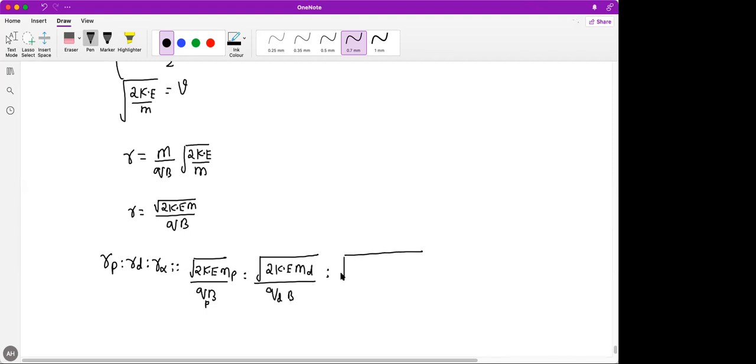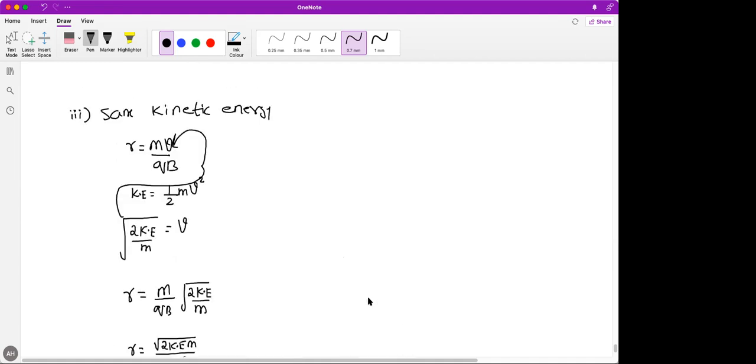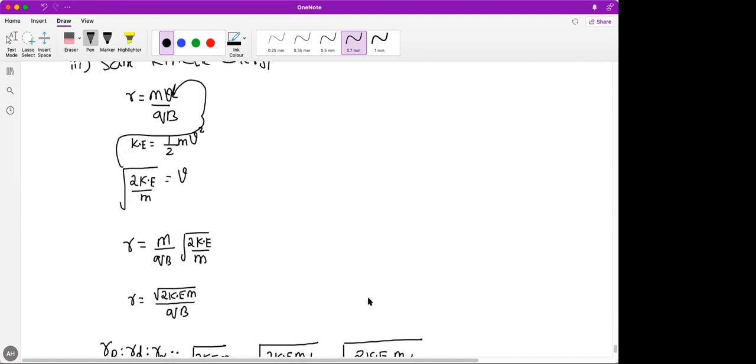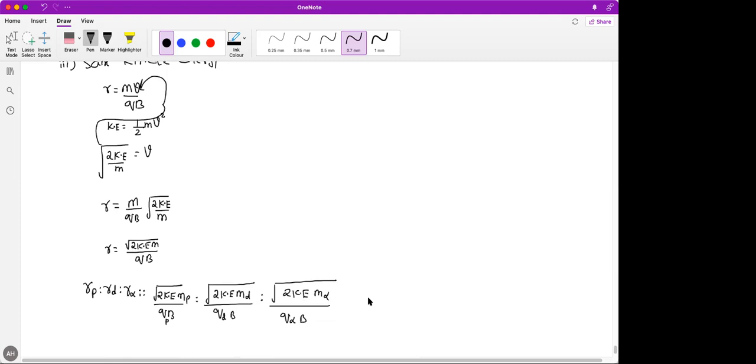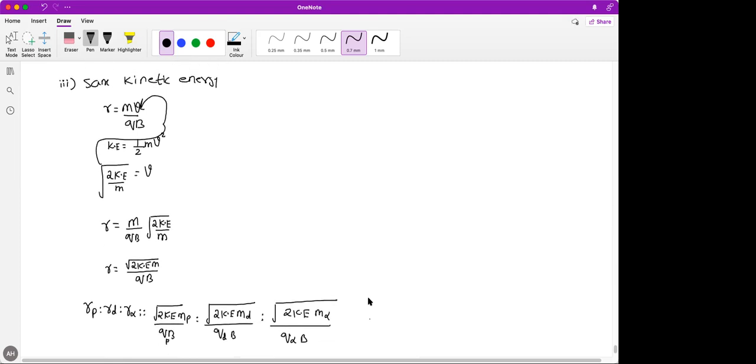Then this is root over twice of kinetic energy, mass of alpha particle by charge of alpha particle into magnetic field. Get the ratio. If it is moving with the same kinetic energy, then get the ratio of radii. Yes, Abdullah, you can cancel 2KE because kinetic energy is same. All are moving with the same kinetic energy.